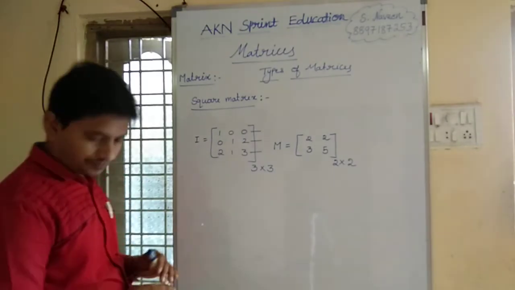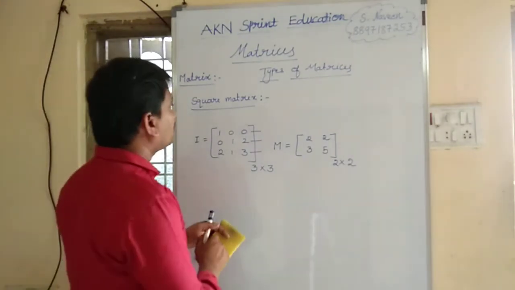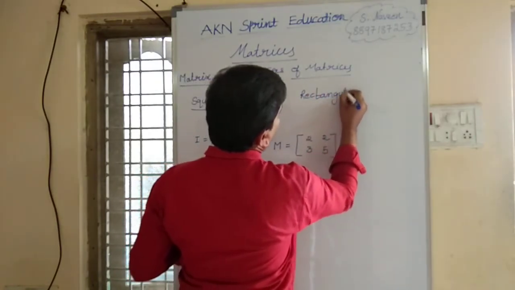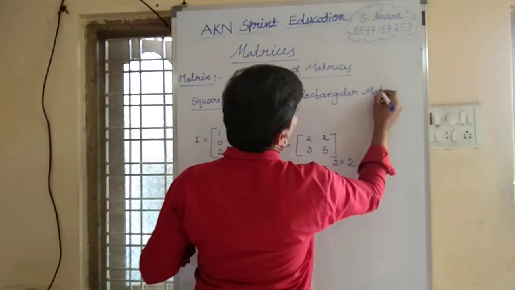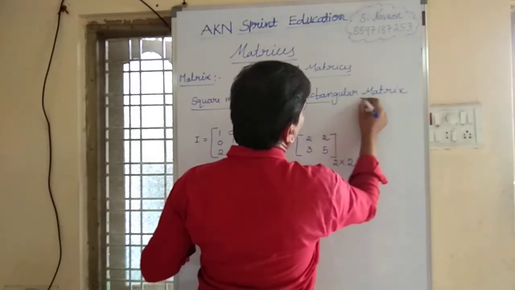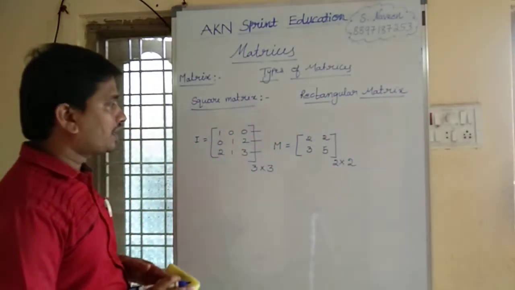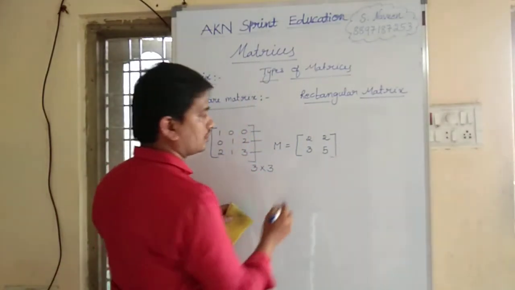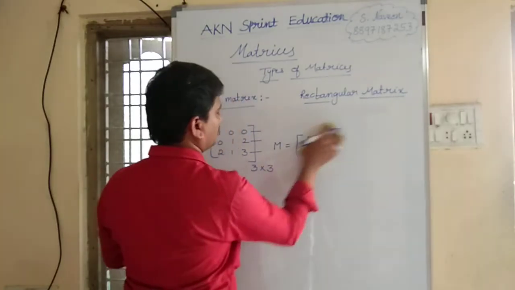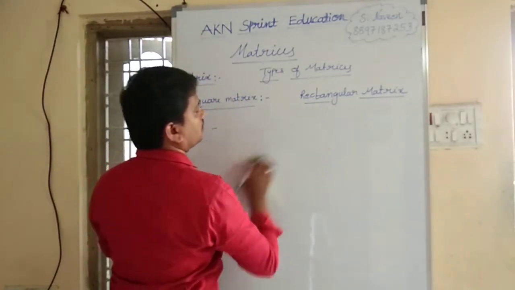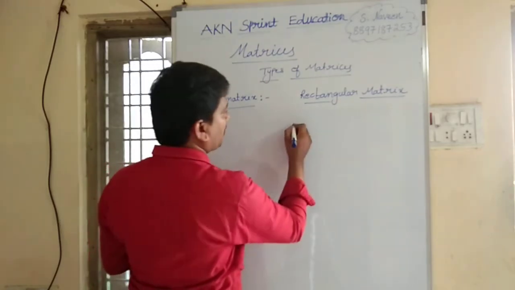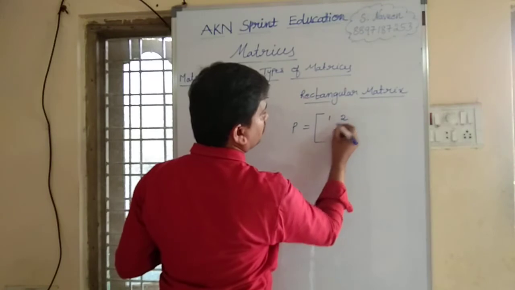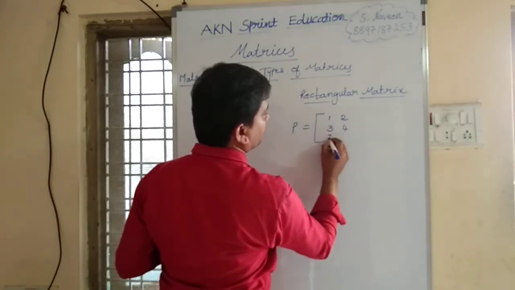Remember children, if the number of rows is equal to the number of columns, then that matrix is said to be a square matrix. Now coming to rectangular matrix. For example, matrix P equal to 1 2, 3 4, 7 8.